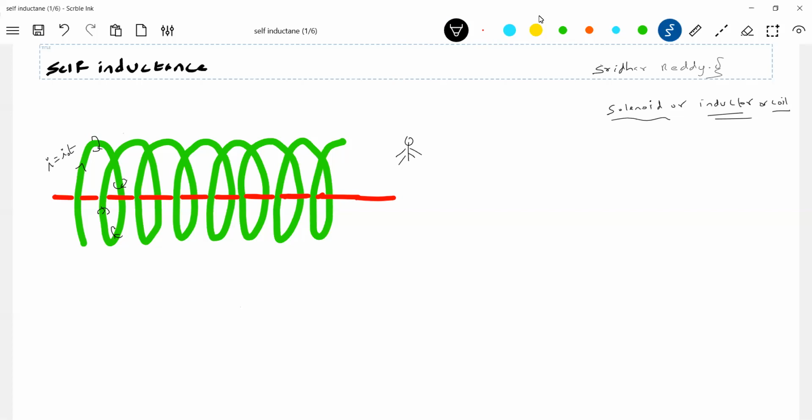The arrow indicates the lines of force. You can show it everywhere here, but I'll show only at 2 points. We have to draw many lines of force, but I'm showing only a few.